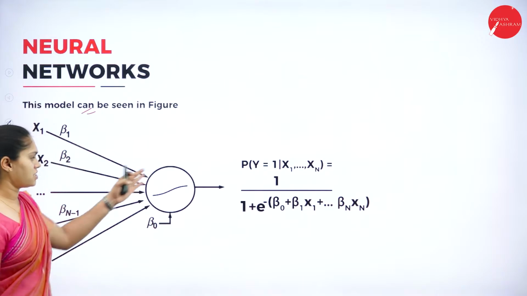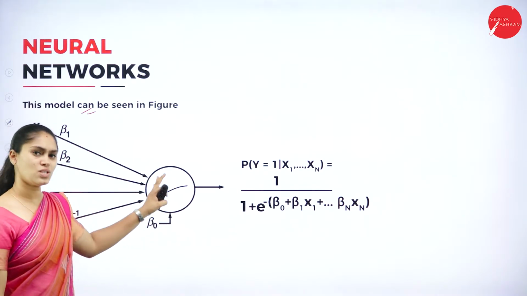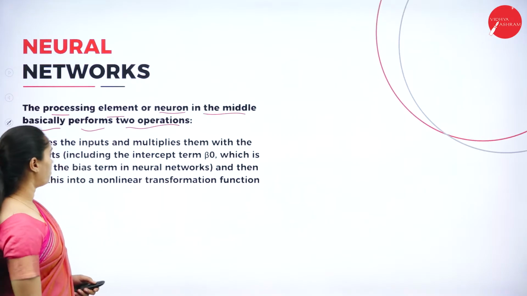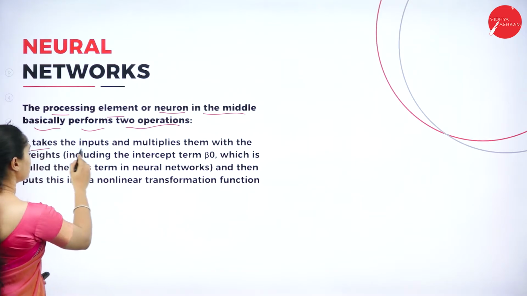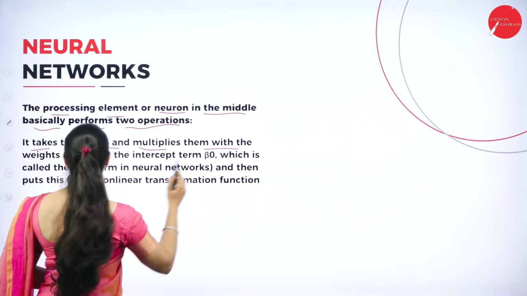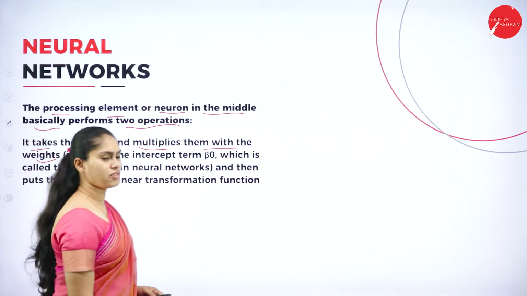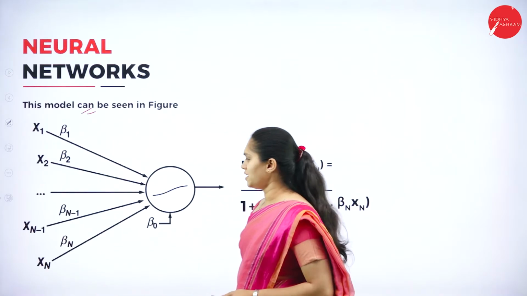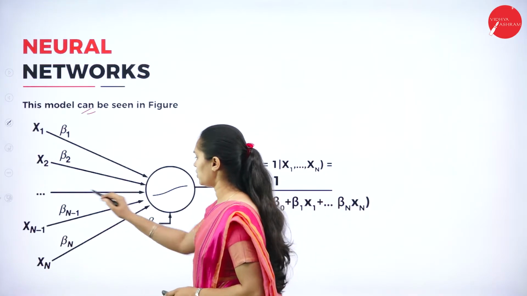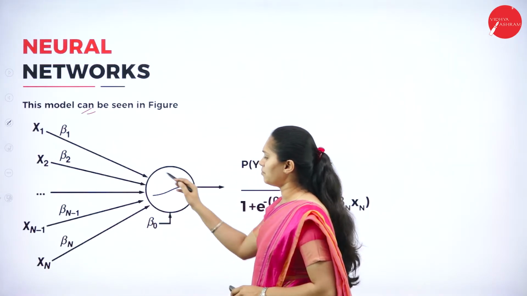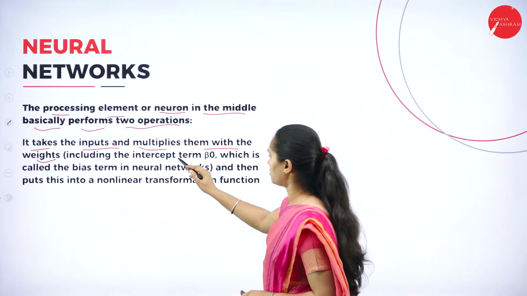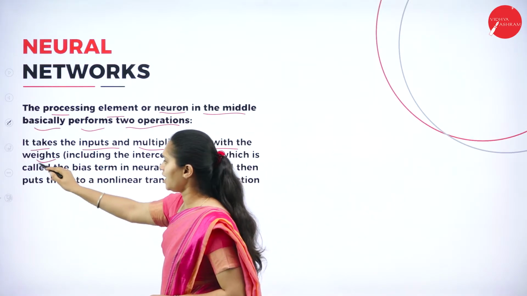Here you can see that these are the neurons. They will perform some operations. It takes the inputs and multiplies them with the weights. So what is the first thing it will do? It will take the inputs, and multiply them with the weights.